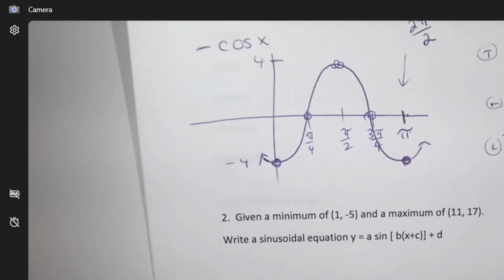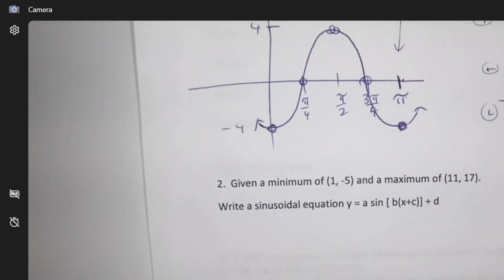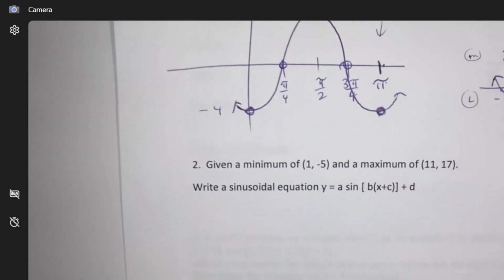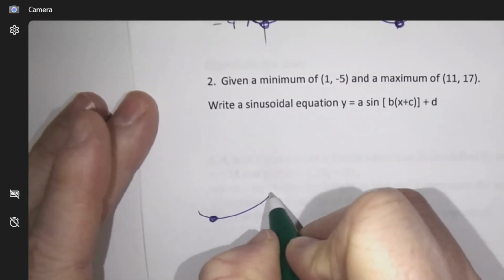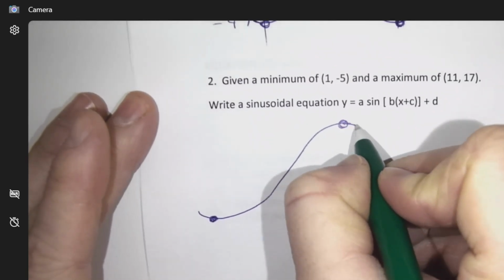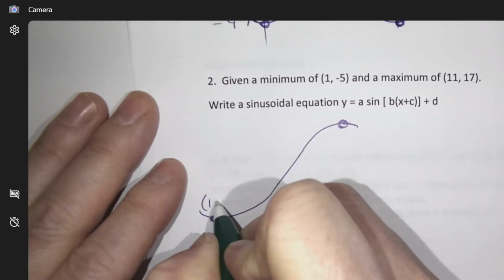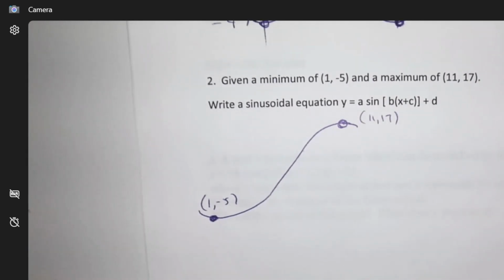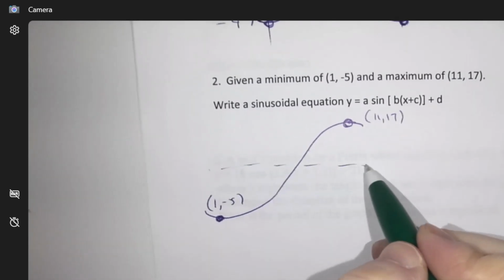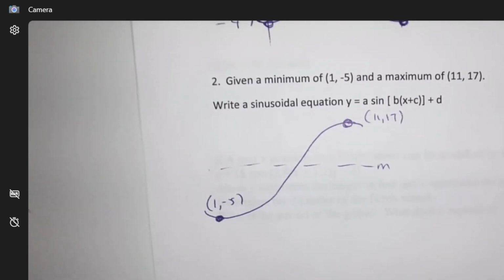Question: make an equation. So we're going to go backwards here. We have a minimum and then we have a maximum. I always think about what's in the middle. That's where I start.